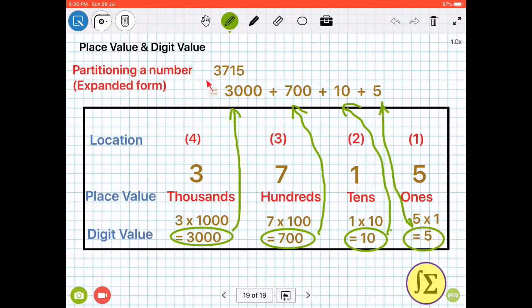So to expand or partition this 4-digit number, 3715 will be 3000 plus 700 plus 10 plus 5. So that's the lesson on place value and digit value.